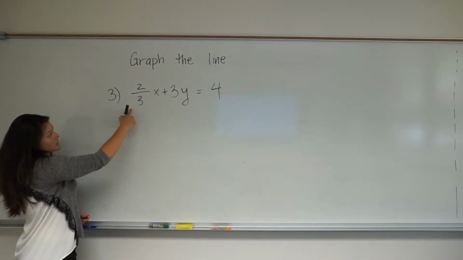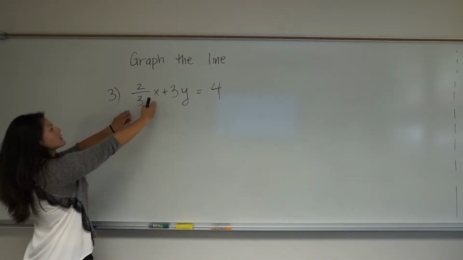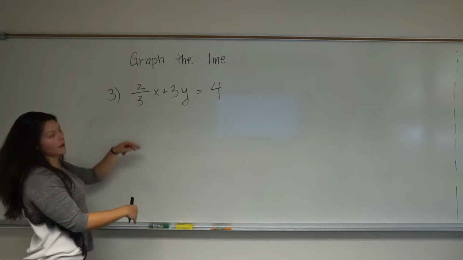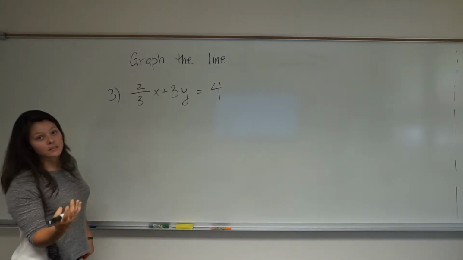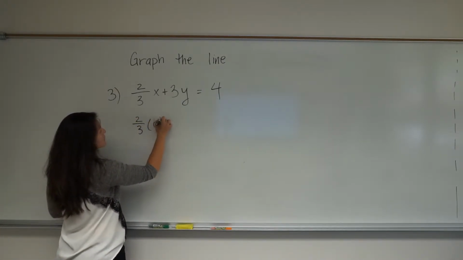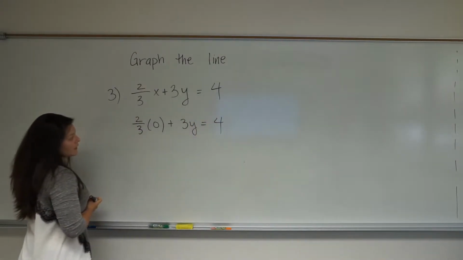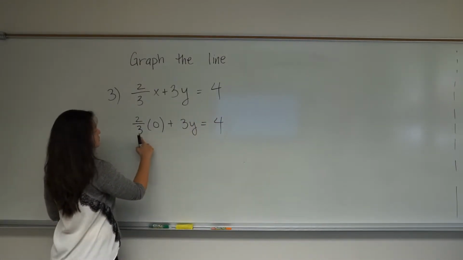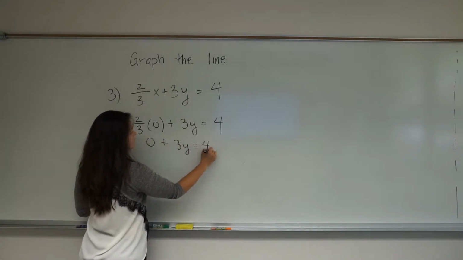So some easy points to find here. We can just plug in a value for x and find y, and that would give us a point. And an easy value to plug in is 0. So let's do that. Let's plug in 0 for x, and let's solve for y. 2/3 times 0 is 0, plus 3y equals 4.